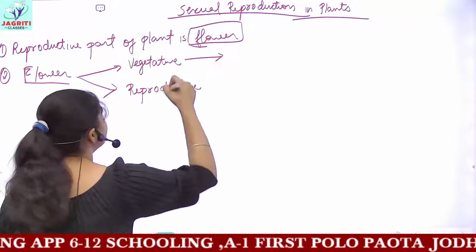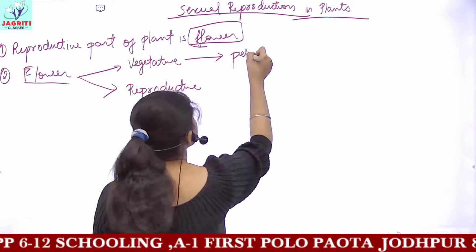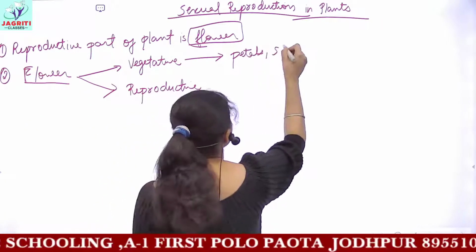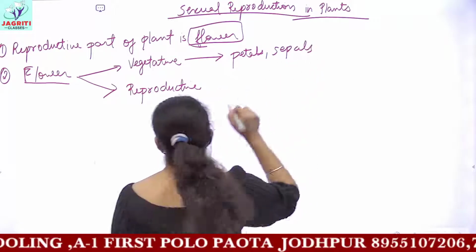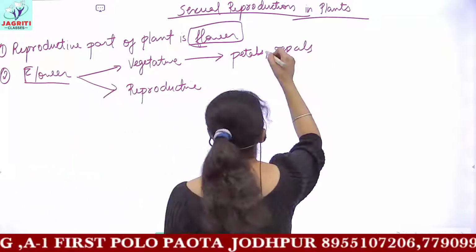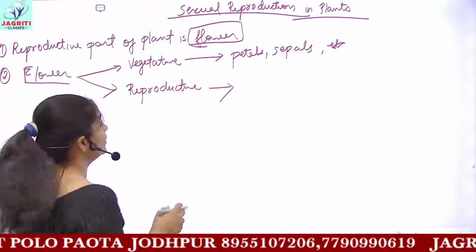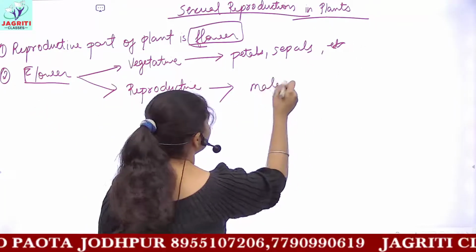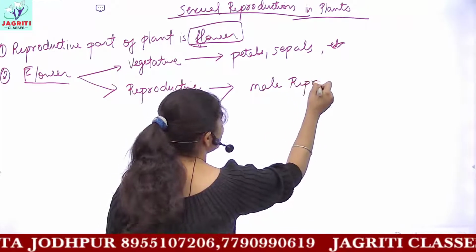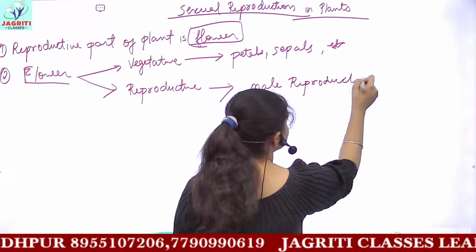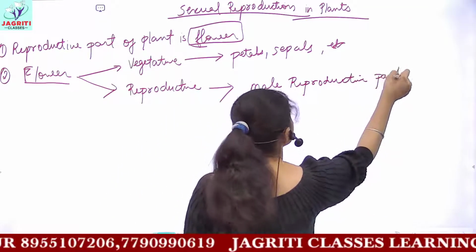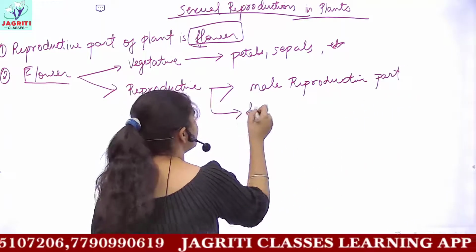The vegetative part includes the petals and the sepals of the flower. And the reproductive parts of the flower: you have a male reproductive part as well as a female reproductive part.